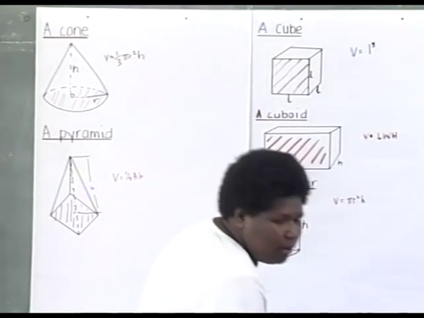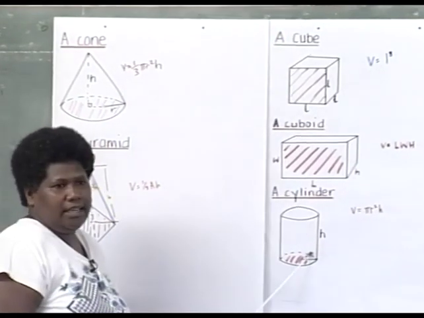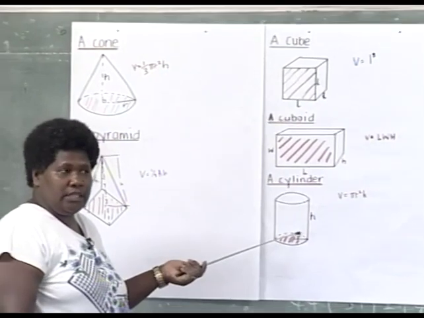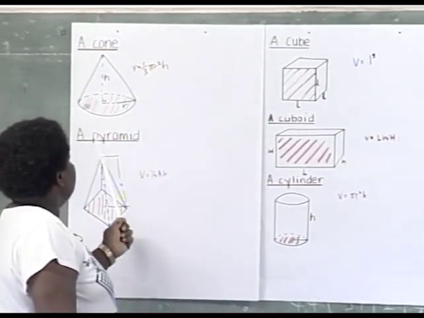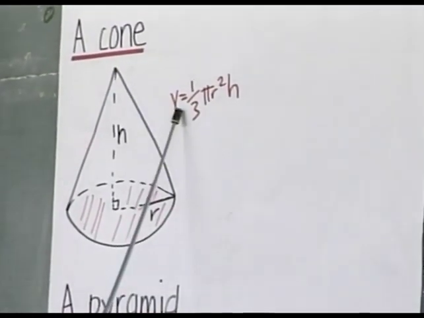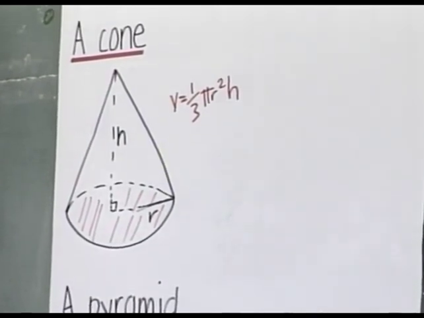Okay, for a cone, as we said, a cone is actually 1/3 of a cylinder. If you cut a cylinder up, you can cut 3 cones from it. And the circular base here is pi r squared. So it's 1/3 A times h, and A is pi r squared. For this one, it depends on the base.